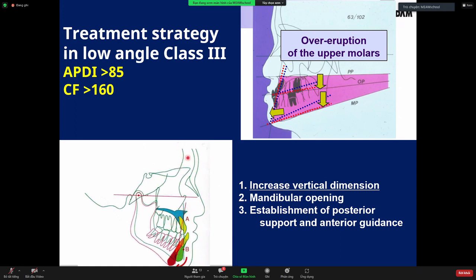If there is a class 3 deep bite case, then through increasing vertical dimension we can achieve a good profile, and we can also see mandibular opening, and then we can achieve good interdigitation in the premolar and molar area. You should remember this: increased vertical dimension is the key to treating low angle class 3.